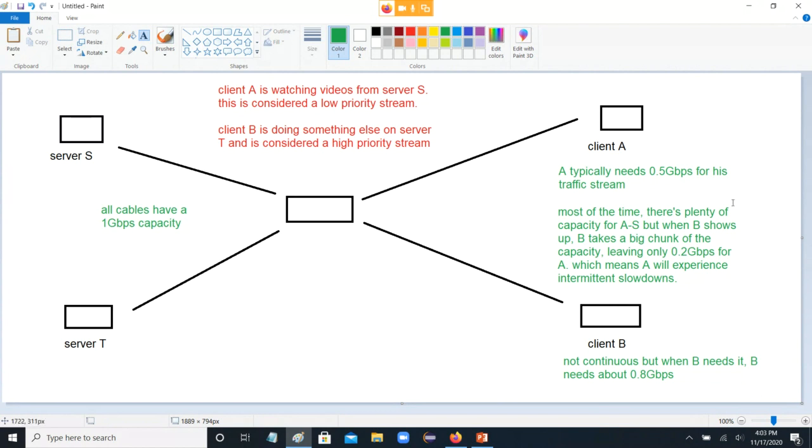So imagine A and B both using applications of equal priority, but on occasion A is running like 10 of those applications while B is maybe running 1 or 2. So if A is trying to run 10, yeah, number one, A is going to notice that things slow down for him, but B is also going to notice because A is going to start trying to take a bigger chunk of the data transmission capacity. So jitter can happen in various ways, but essentially it just means some packets are going to be delayed, others aren't, and you'll experience that as basically a jerky, slow, fast traffic flow.